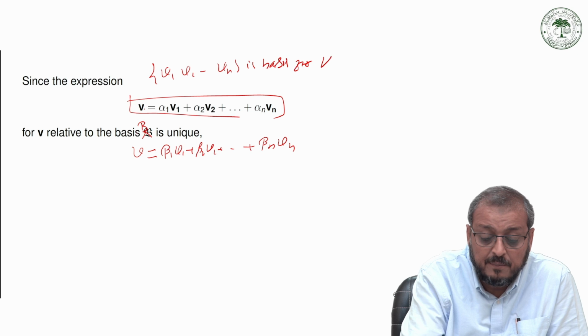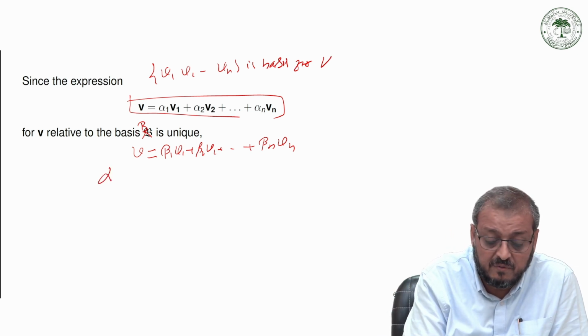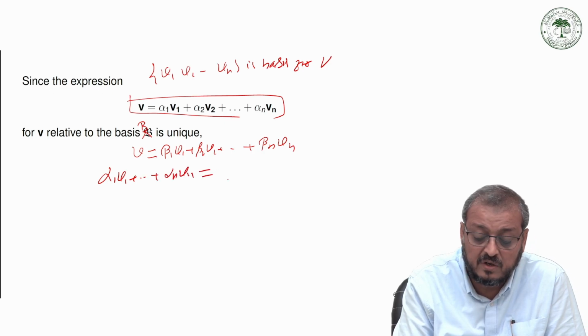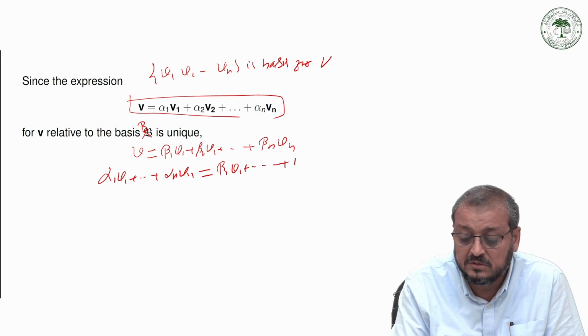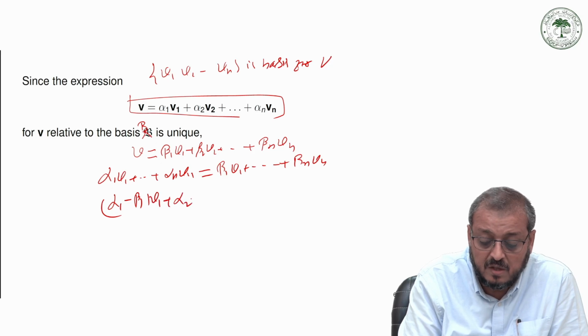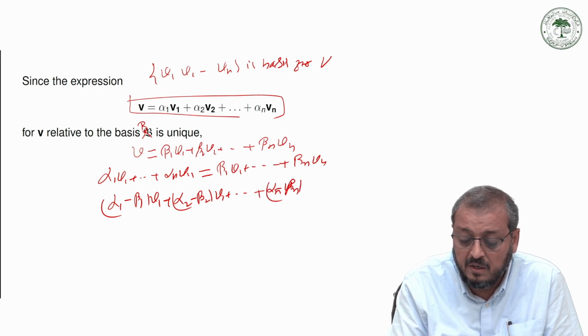So by these two we can say that alpha 1 v1 and so on, plus alpha n vn is equal to beta 1 v1 plus so on, plus beta n vn. This can be written as alpha 1 minus beta 1 times v1, plus alpha 2 minus beta 2 times v2, and so on, plus alpha n minus beta n times vn, is equal to the zero vector.